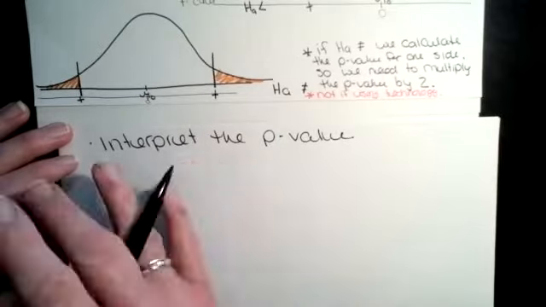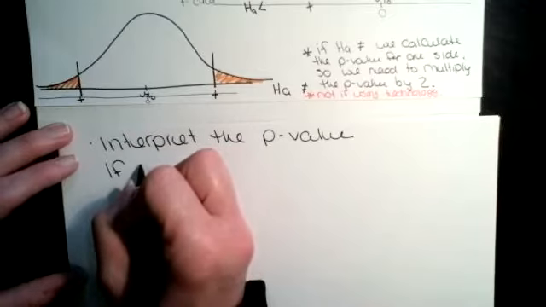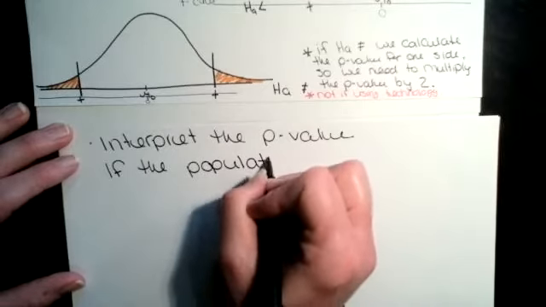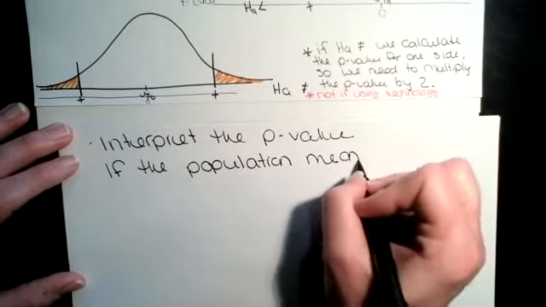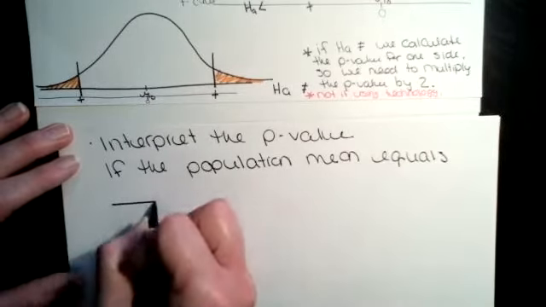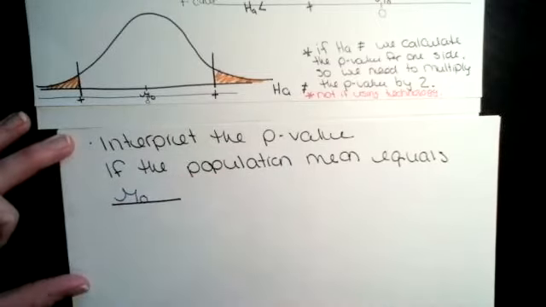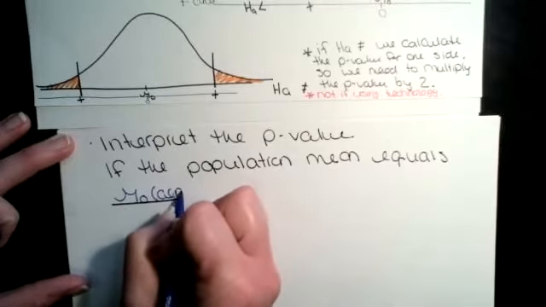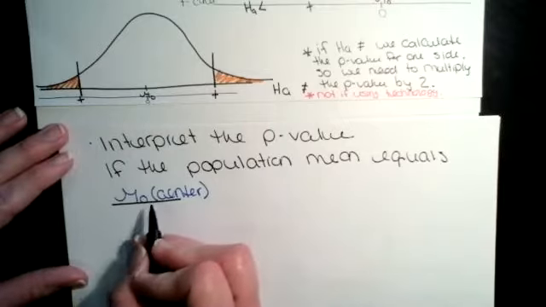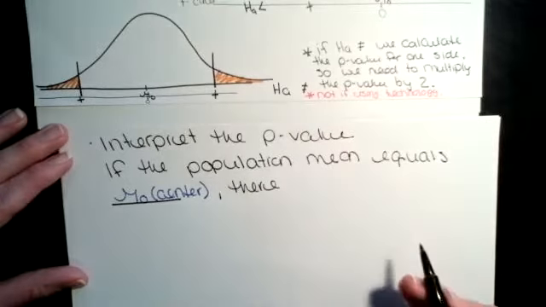So when we interpret this, again, you can use this blanket statement or you could write it in your own words if you want. So if the population mean equals mu naught. So if the population mean is the center of my curve, that's kind of what we're basing this all on, right? That's my common view. So if that's true, then I'm calculating my p-value based on that, right?